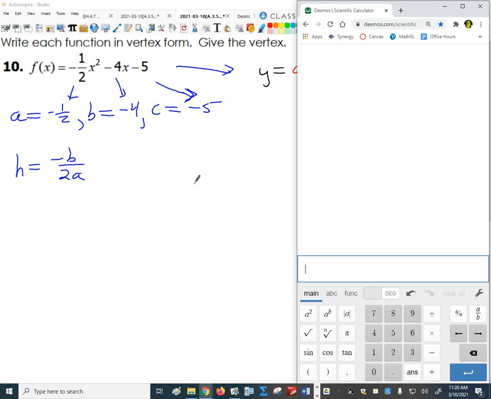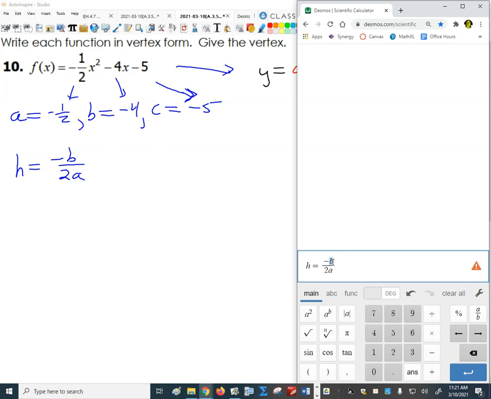I can start off by just calculating H. I could do H equals -B, and I'm going to highlight the whole thing and divide it by 2A. And then I can just start with that template, and I can just replace the values of A and B with the values that I wrote down on my paper, right?